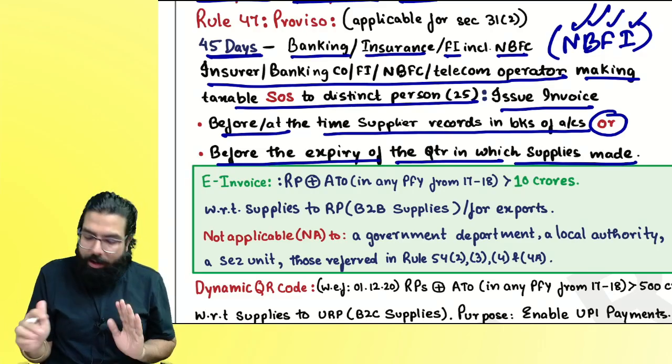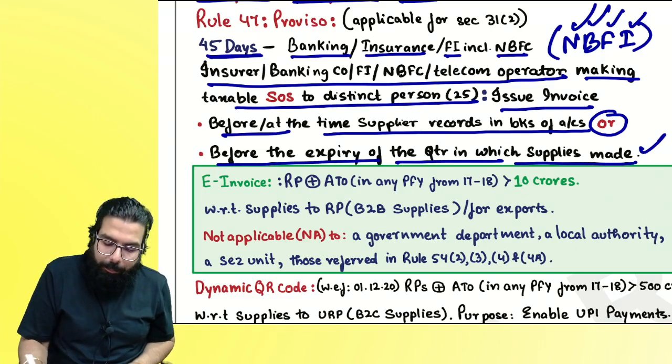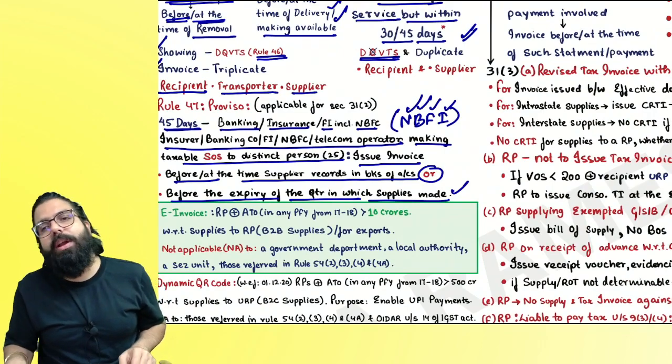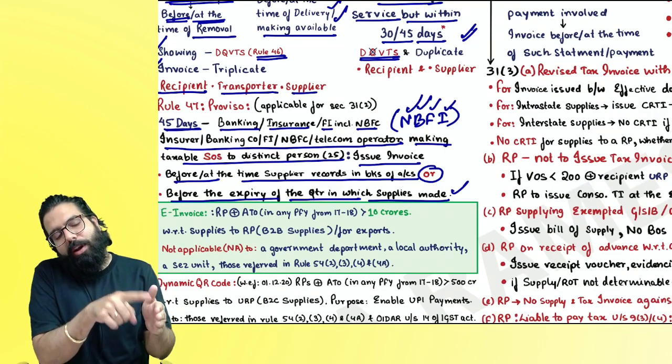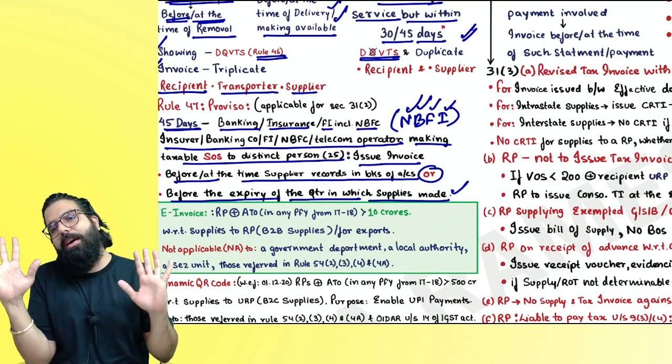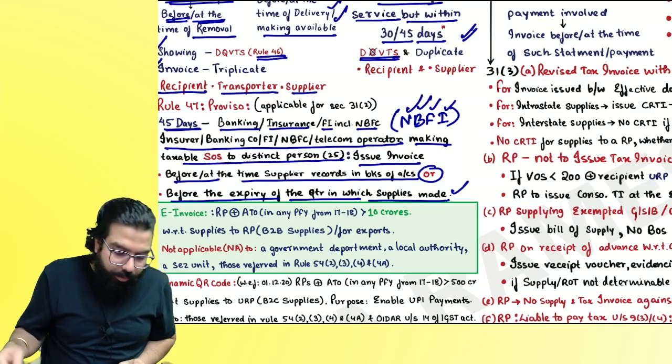Are we clear, everyone? So what is the maximum time to raise the invoice? When the quarter is going to get over, the last day, or when you make the book entry.